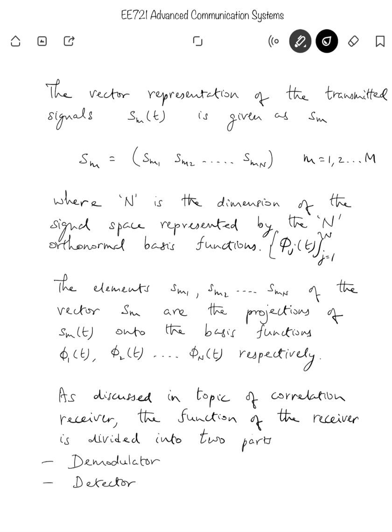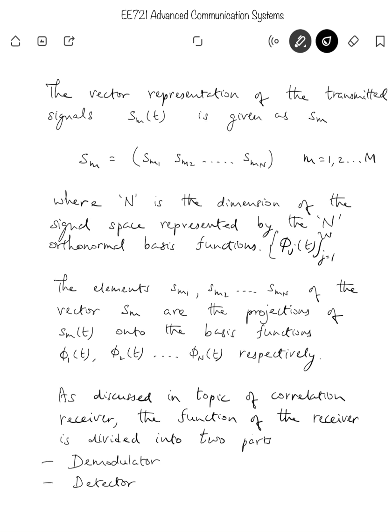Now, what does each of these elements of the vector represent? These are the projections of the signal s_m(t) onto each of these basis functions. So s_m1 is the projection of the signal s_m(t) onto the basis phi_1(t), s_m2 is the projection of the signal onto the basis phi_2(t), and so on.